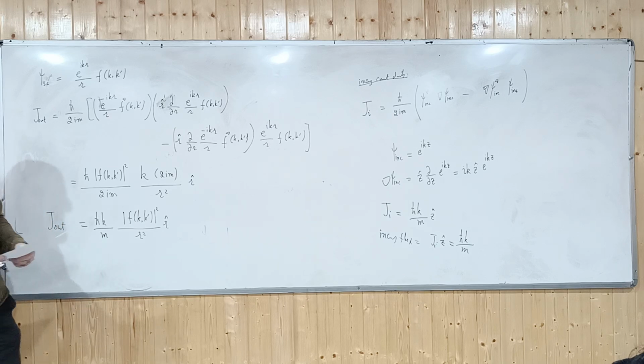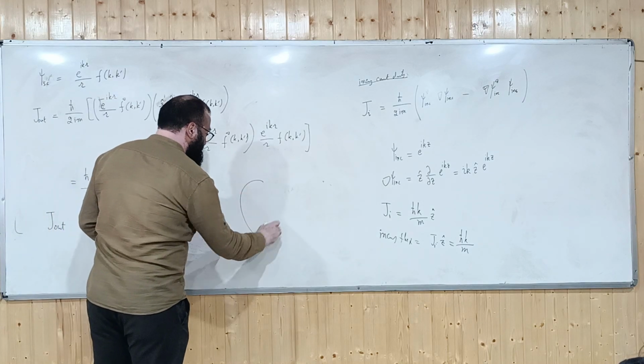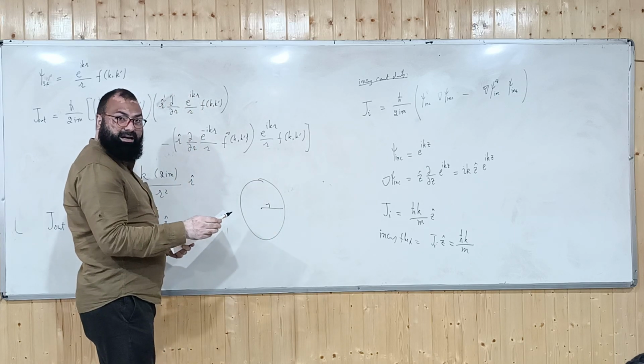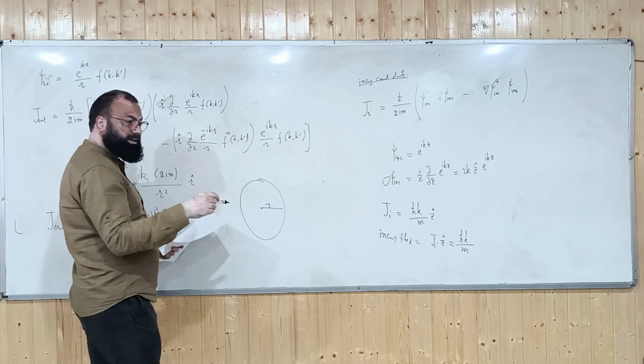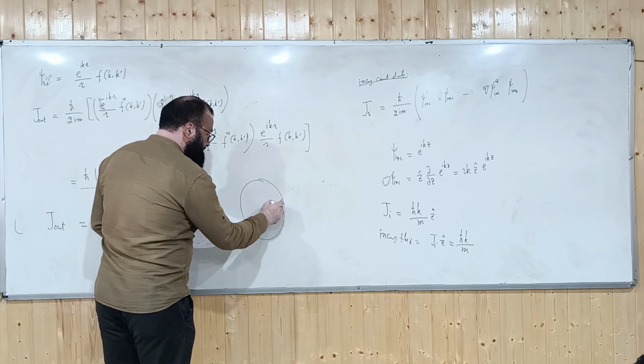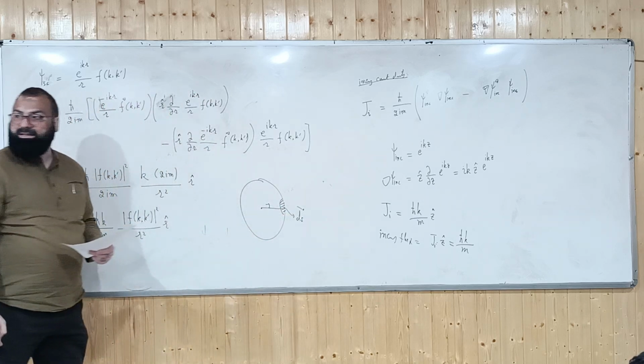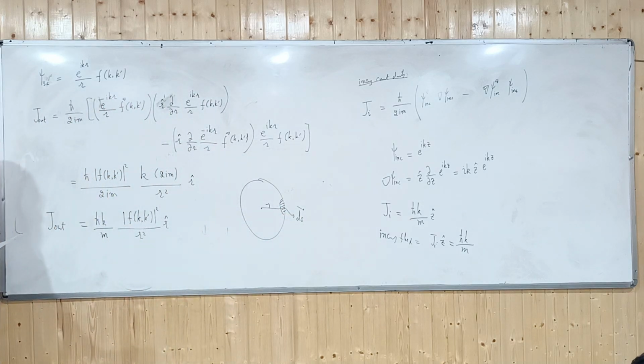For that, suppose you choose a sphere of radius r. I need to calculate the flux through a small area, so let's consider this dS. The dS is the element of area of this very sphere, because to calculate the flux you consider a portion of the area of that sphere.